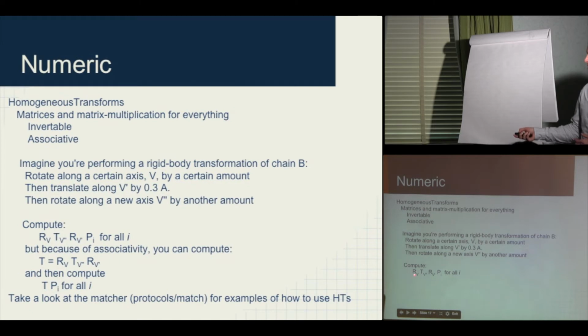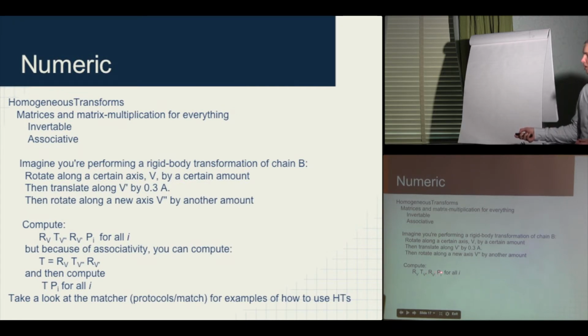In homogeneous transforms, this happens as these three operations: a rotation matrix about V, a translation about V prime, and a final rotation about V double prime.